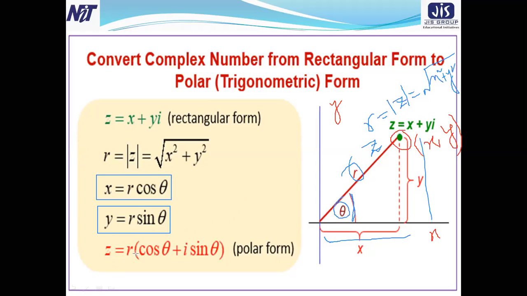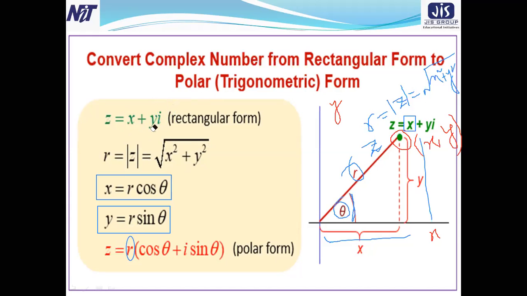Now what will be the polar form of this? This is the polar form. So we can write z equals r cos theta plus i sin theta, because we already explained this is the rectangular form, x plus jy. So what is x? x is r cos theta. What is y? y is r sin theta. So we take r common: r into cos theta plus i sin theta.